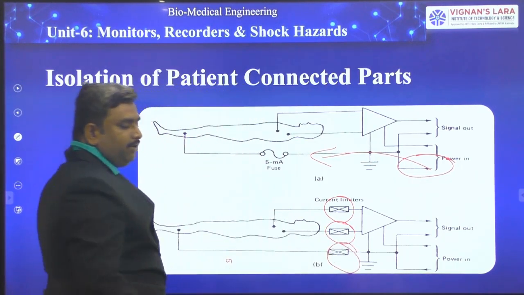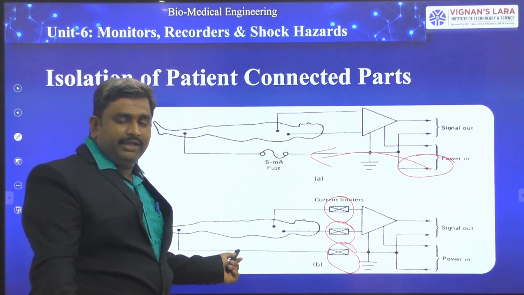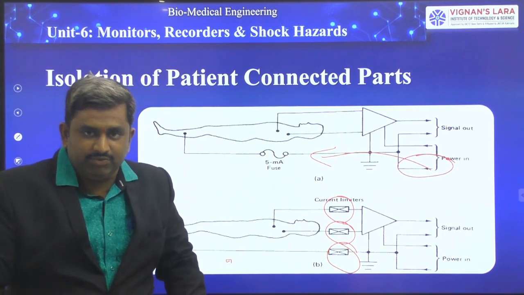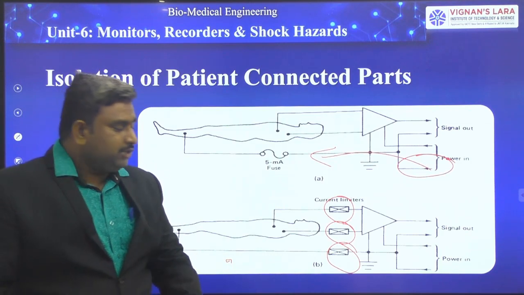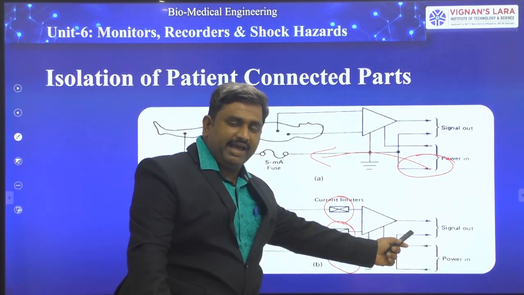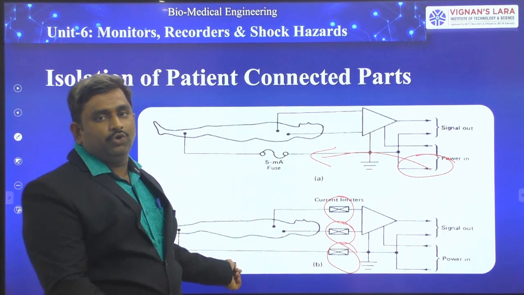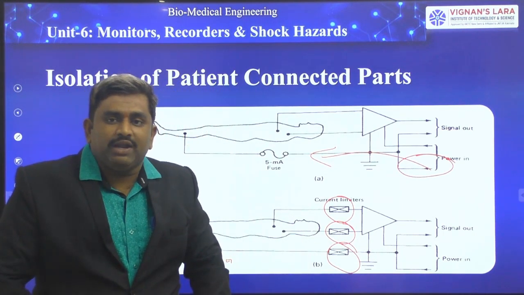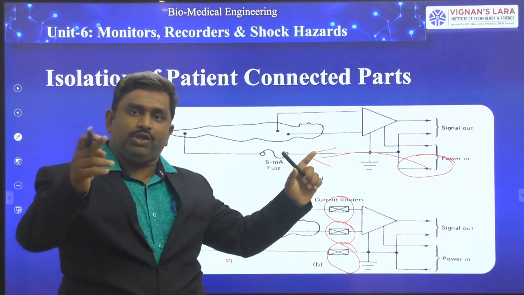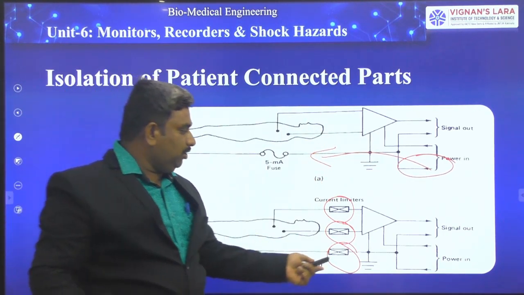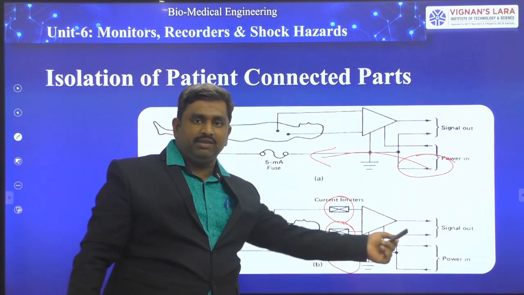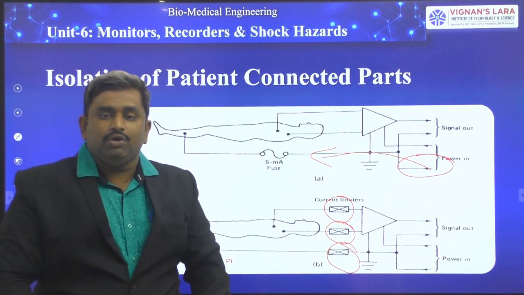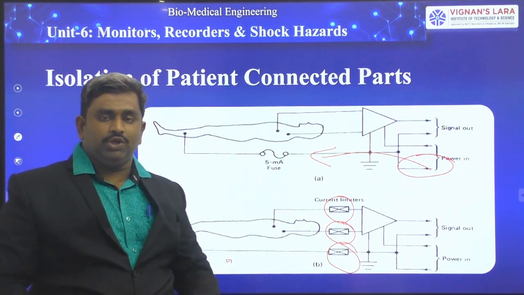Each wire which is connected to the patient has a current limiter. When excess current is transferring from the power supply to the human body while exciting, these current limiters identify how much current is flowing. When an excess amount of current is coming from the power supply, the current limiter limits that current from passing to the human body.